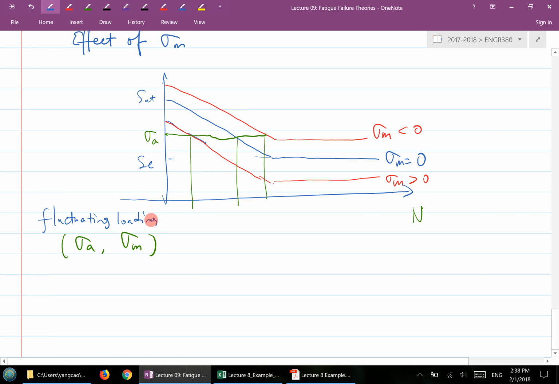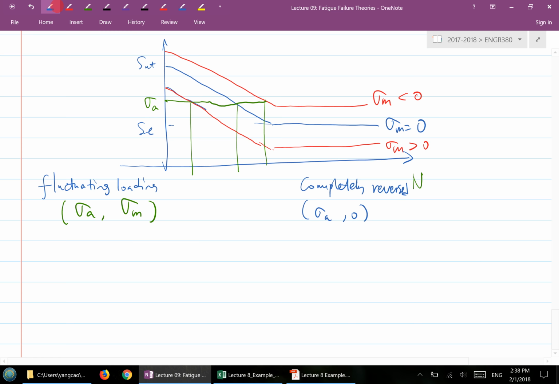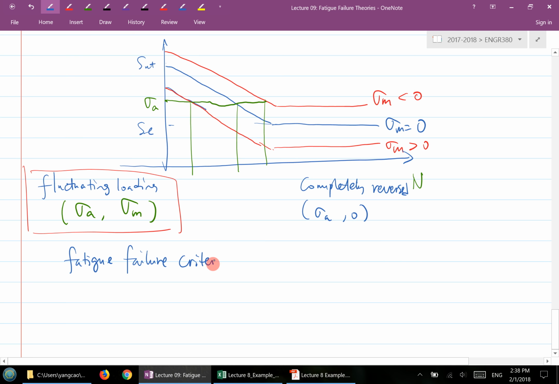If it's completely reversed, then all you have is this one here. The question is, we want to derive certain fatigue failure criteria for the fluctuating loading.